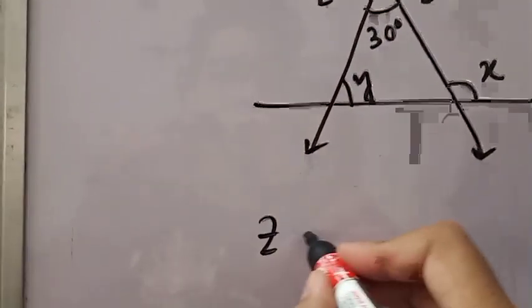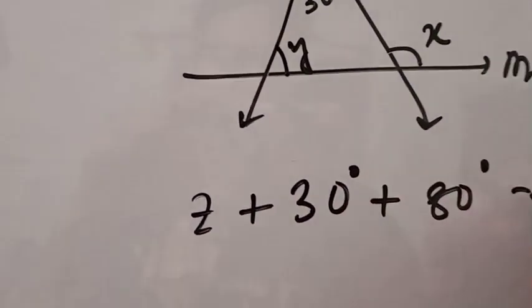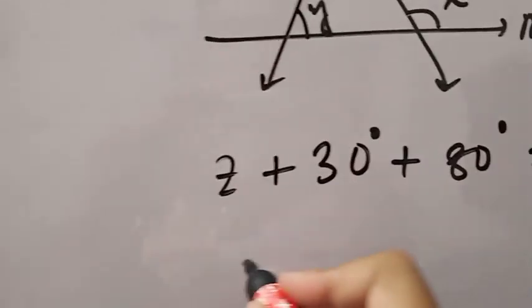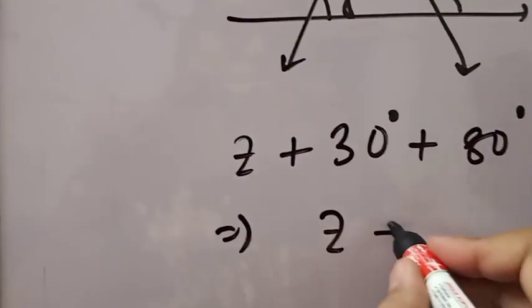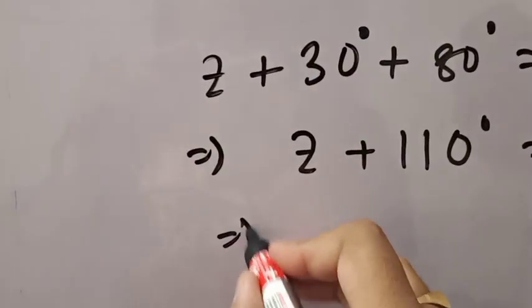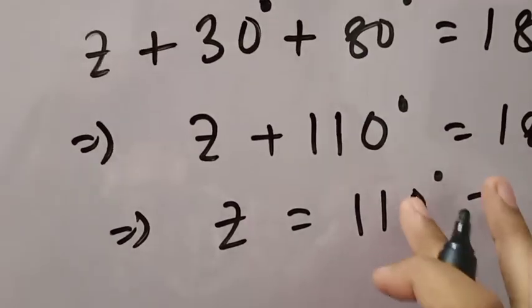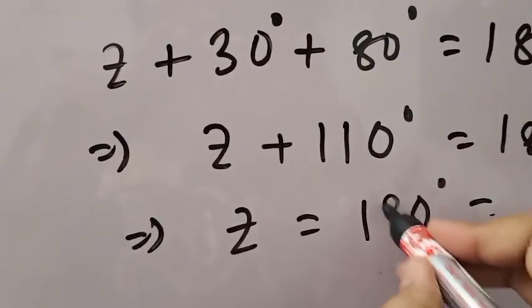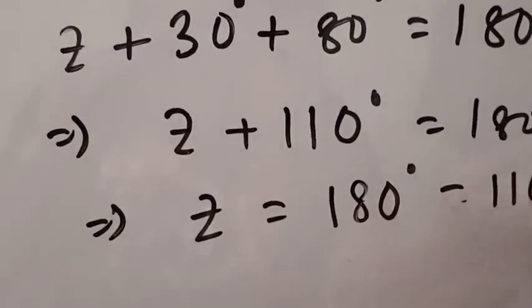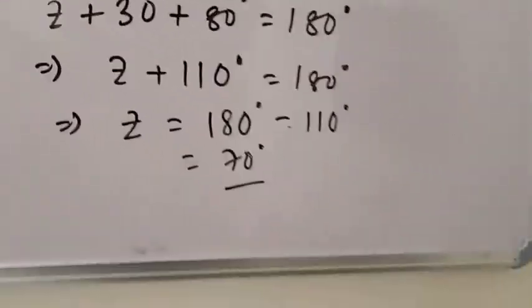So z plus 30 degree plus 80 degree equals 180 degree. So z plus 110 equals 180 degree. So that means z equals 180 minus 110, that is 70 degree. So z equals 70 degree.